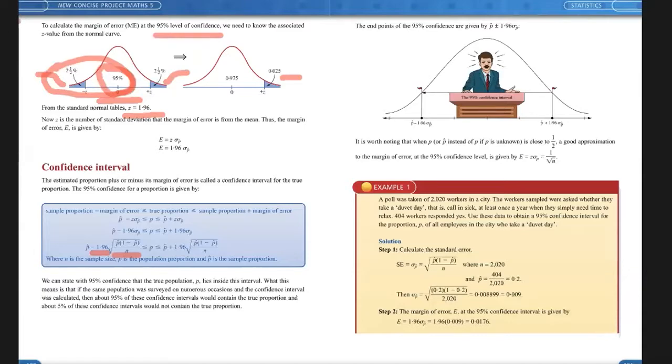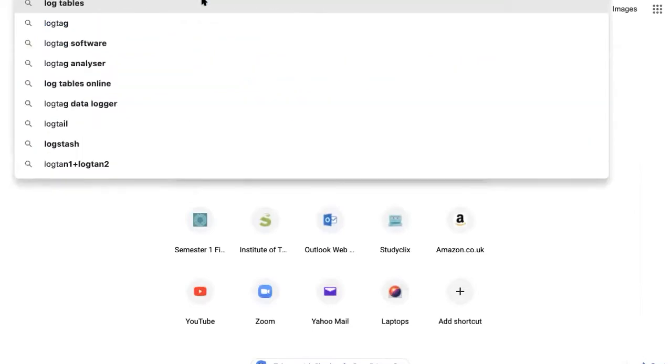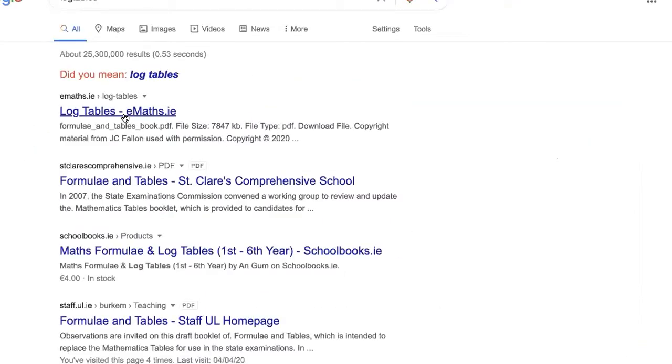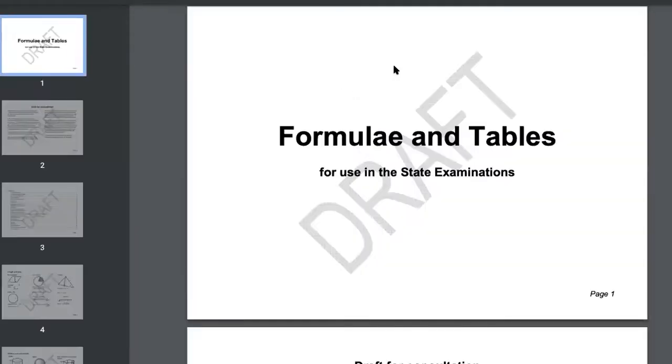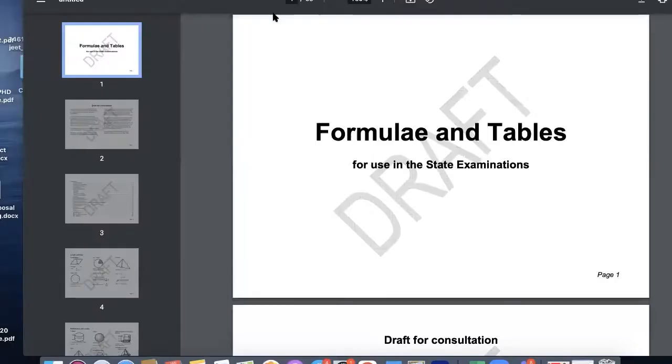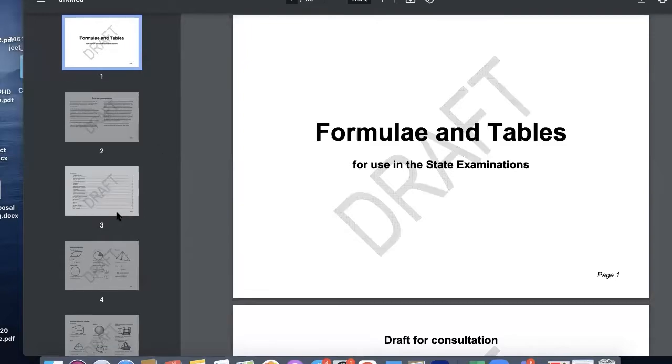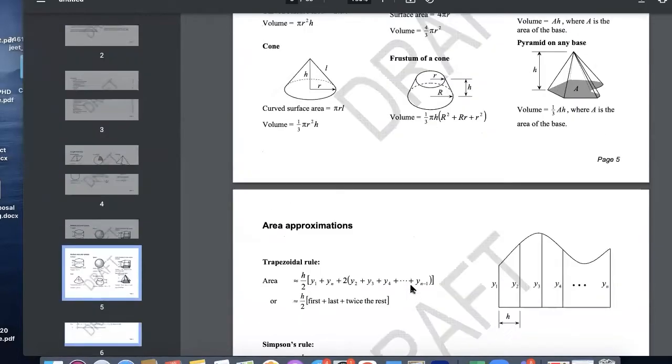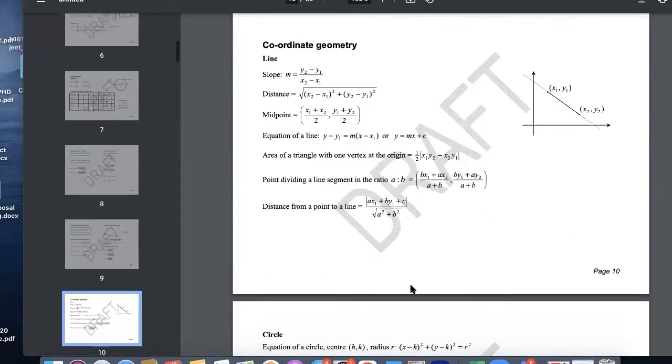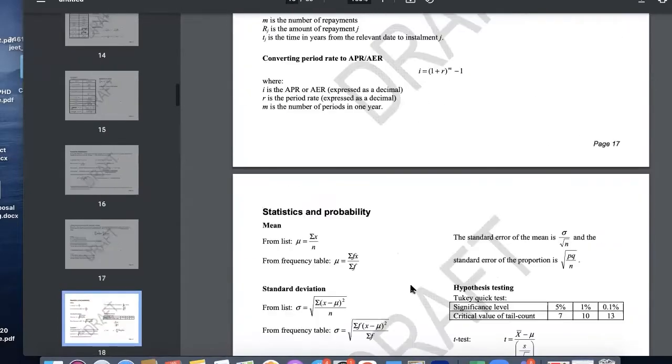Okay, so what I'm going to do is open up the log tables for a second, because I just want to show you what I'm talking about. I'm going to stop sharing my screen for a second because I need to share my desktop, so that I can show you. So you should be seeing the normal distribution or the log tables now.